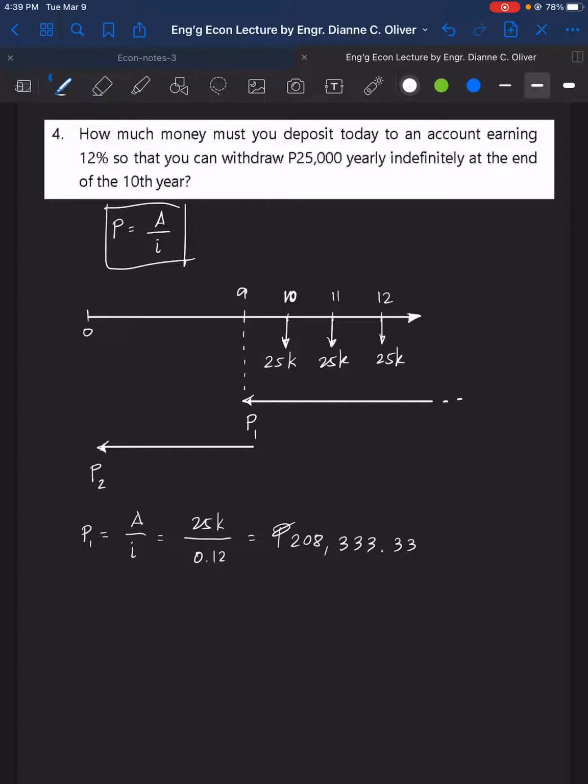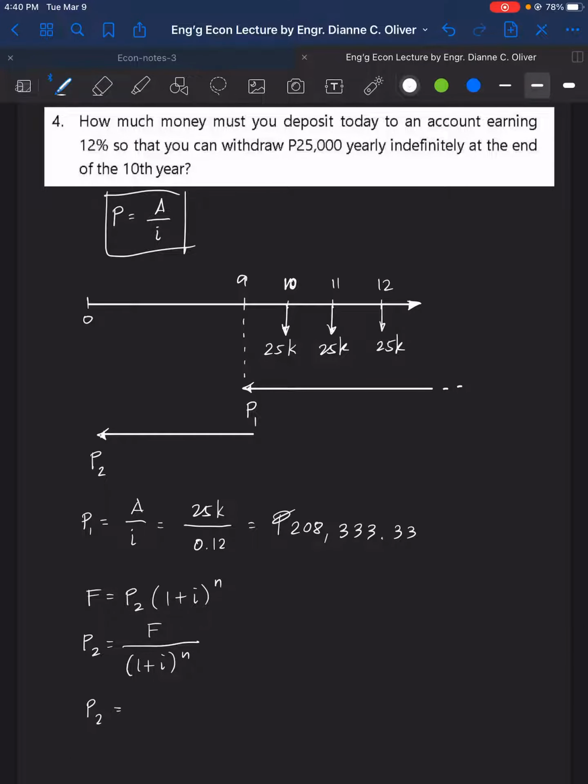Now, having present 1 and solving for present 2, we will be considering present 1 as the future of present 2. So to compute for P2, we have future is equal to P2 times 1 plus i raised to n, so P2 is equal to F over 1 plus i raised to n.